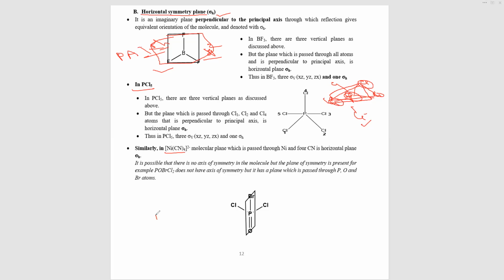Just see, this is nickel in the center, and this is cyanide, this is cyanide, this is cyanide, and this is also cyanide. So a horizontal plane can be passed through the whole molecule, which bisects this molecule into two halves, and both are mirror images of each other. That's why it has sigma h, the horizontal plane.